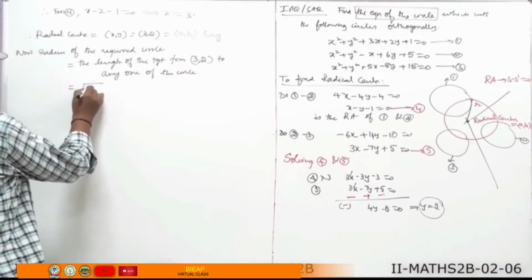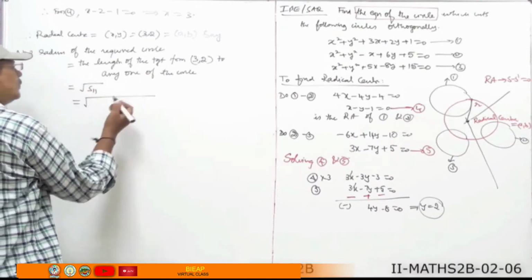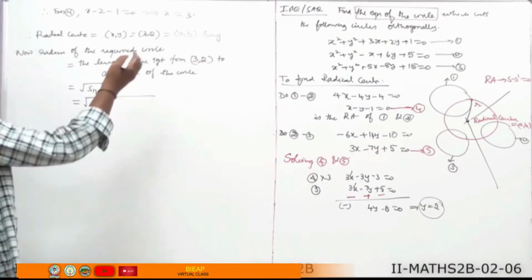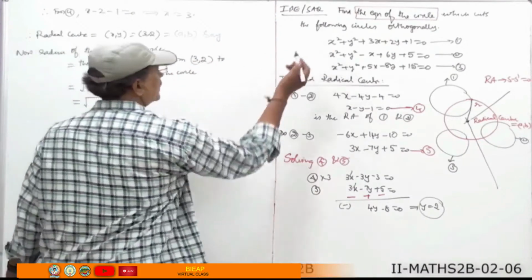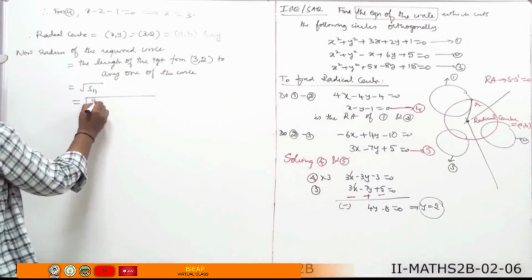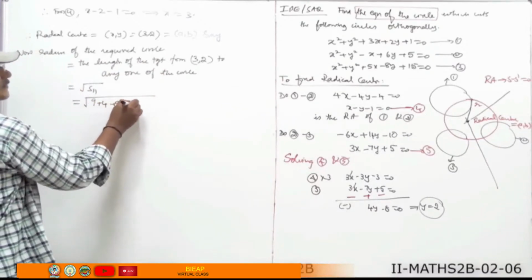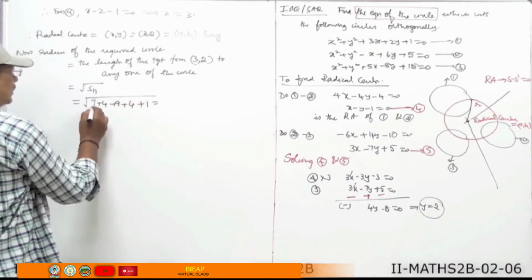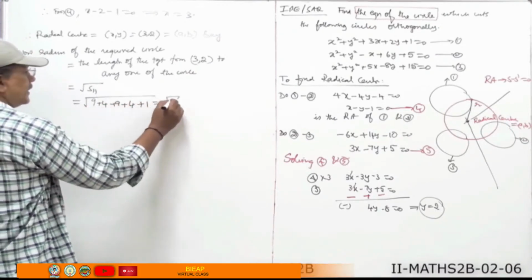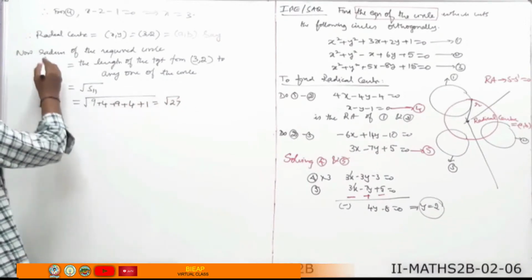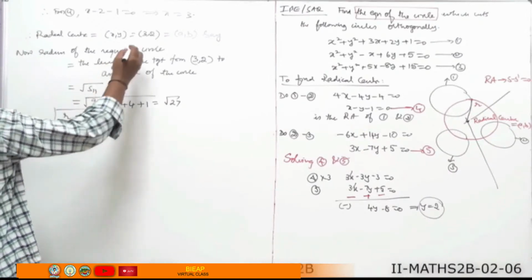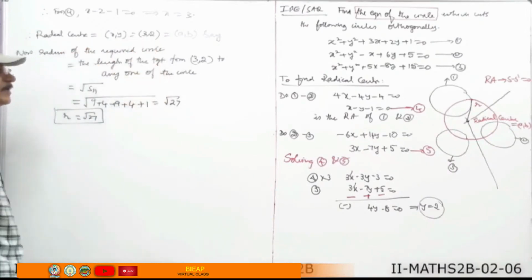The length of the tangent formula is root s11. How to find s11? Substitute 3 comma 2 in any one of the circles. So I take the first circle. 3 whole square, that is 9, plus 4, plus 9, plus 4, plus 1, that is 13, 22. 13 plus 9, 22, plus 5, 27. So your radius is ready, that is root 27, and the center is a comma b, that is 3 comma 2.